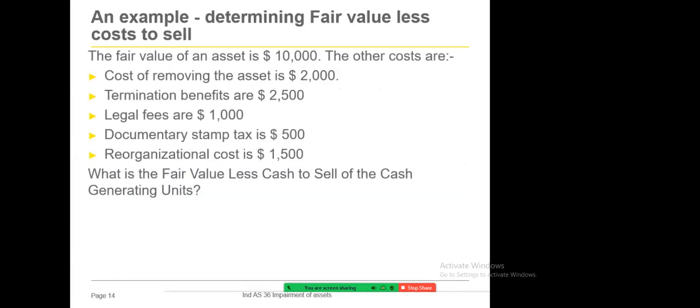So let us understand this with the help of an example. The fair value of an asset is $10,000. The other costs are cost of removing the asset $2,000, termination benefit $2,500, legal fees $1,000, documentary stamp papers $500, reorganization cost $1,500. What is the fair value less cost to sell the cash generating unit?